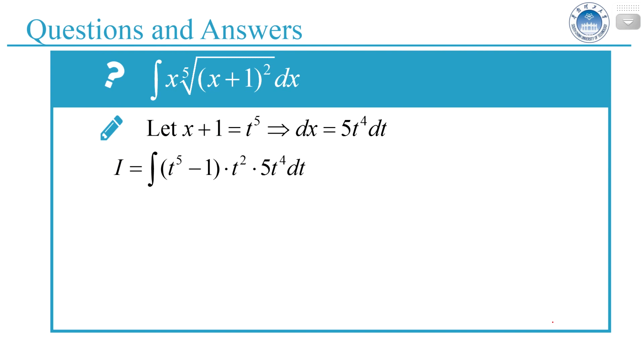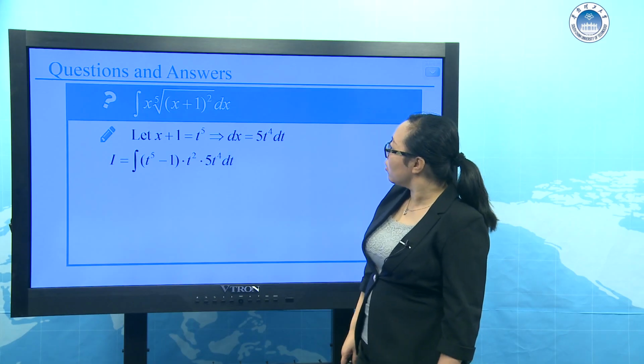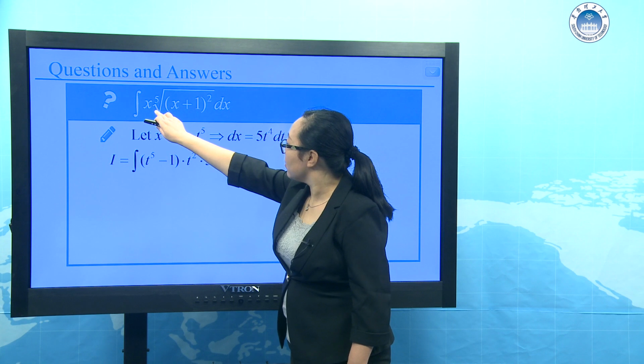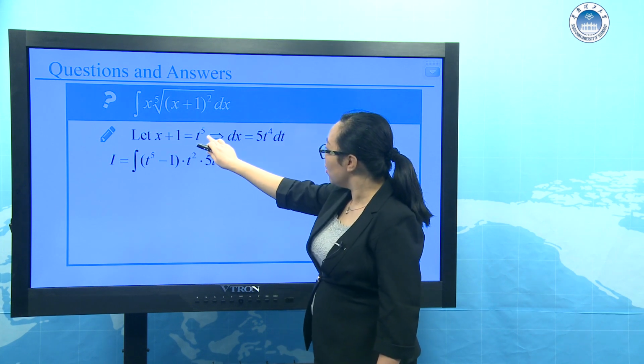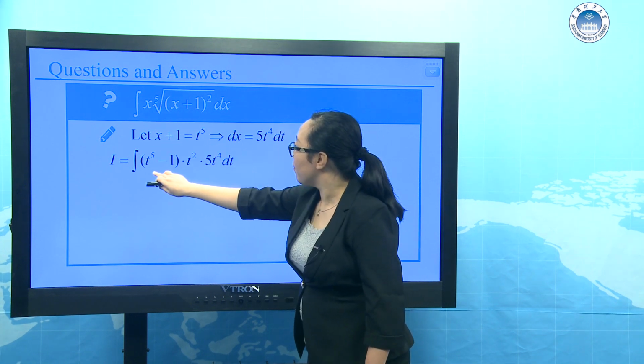We can differentiate both sides, so d(x plus 1) equals dx, and d(t to the 5th) equals 5 t to the 4th dt. They are equal. So the original indefinite integral I becomes an integral as a function of t. Look at the first expression, x: x equals t to the 5th power minus 1.